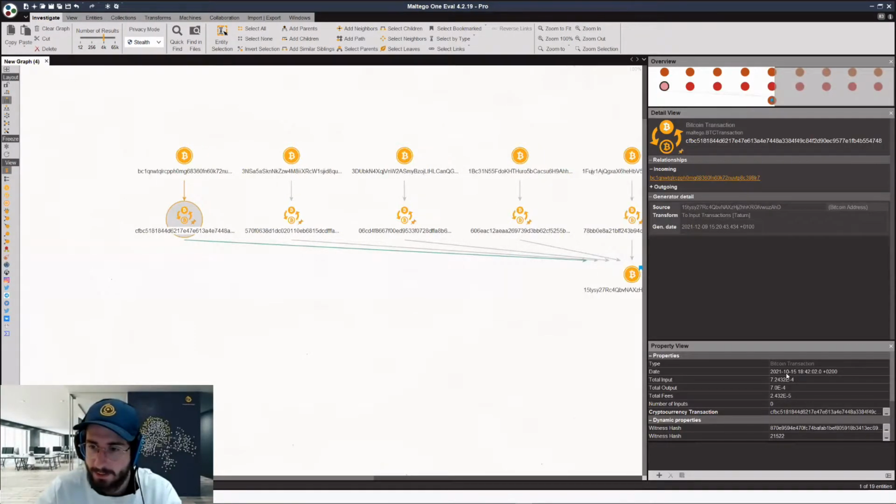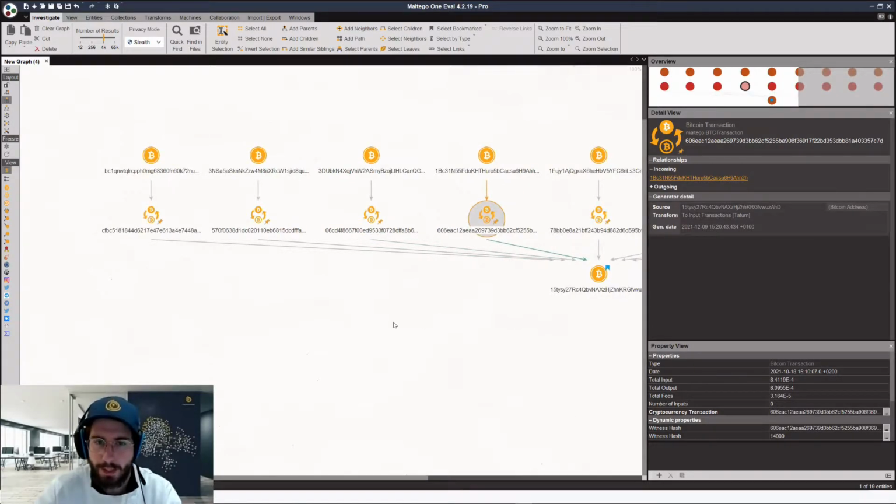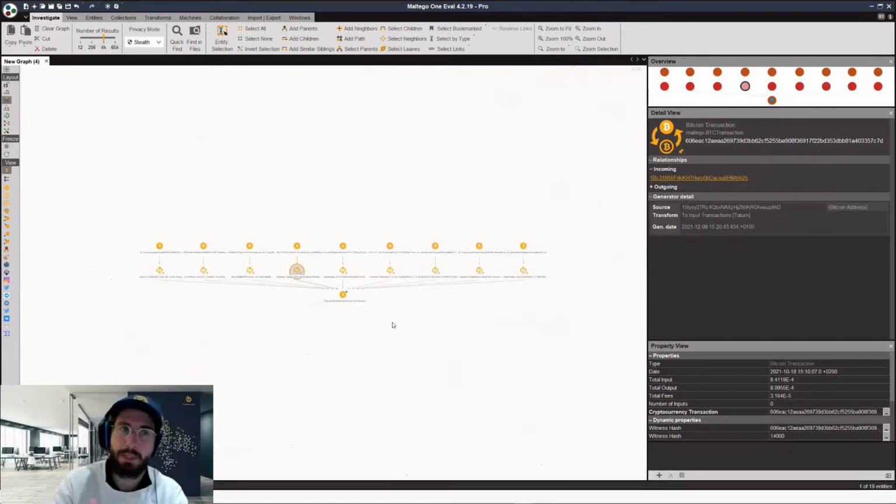As we can see here, this one was made the 15th of October, the 2nd of October, the 15th of October, the 18th of October, and so on. I'm showing you that because they say daily payouts, right? And they say money is returned to your wallet.